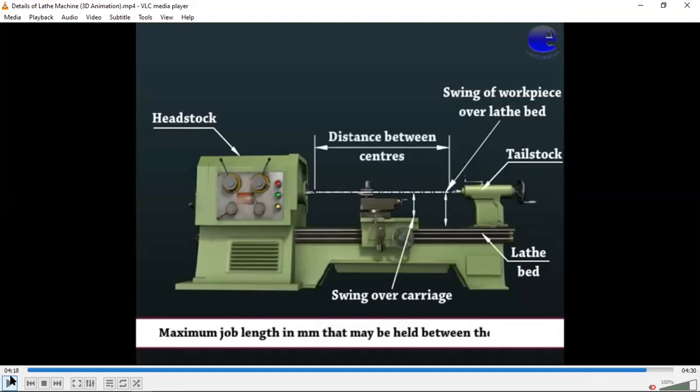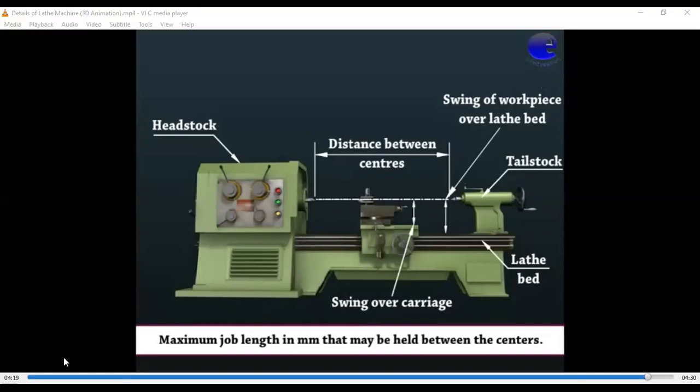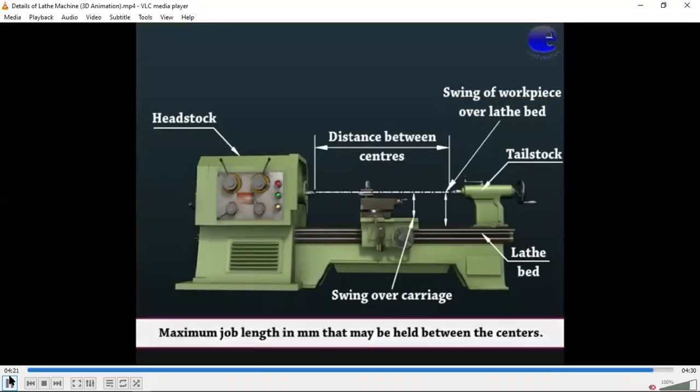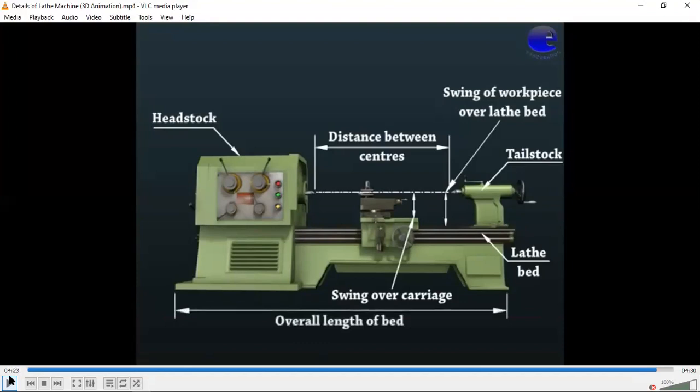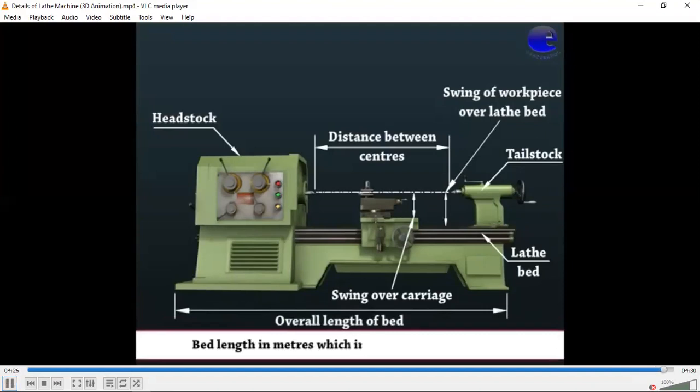The maximum job length that may be held between the centers is called the distance between the centers. And the overall length of the bed, in meters, includes the headstock length, I mean, from the headstock end to the tailstock end.